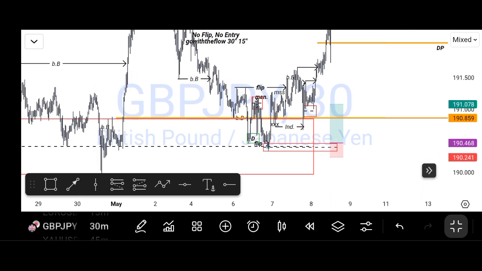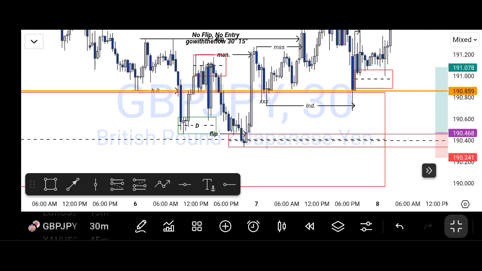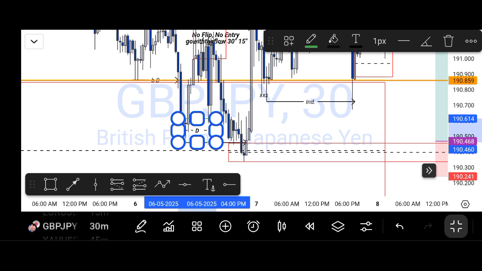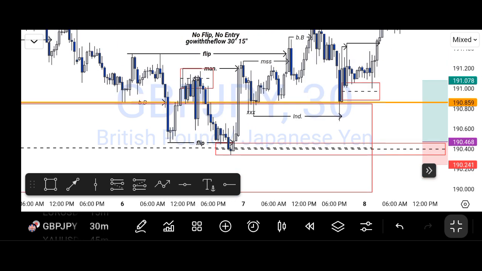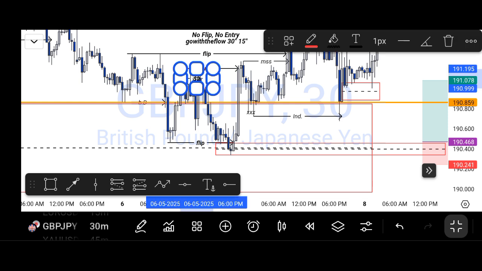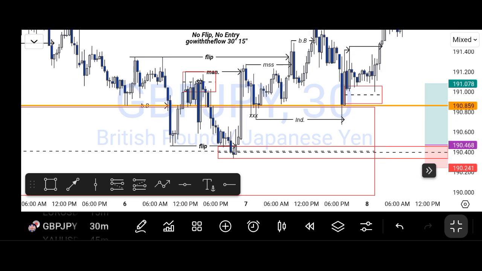Now when you switch to the 30 minutes, just like I taught you, when you see a manipulation, you must first of all be looking out for an engulfing candle, or if you don't see the engulfing candle after the manipulation, you will now wait for another break of structure, right?